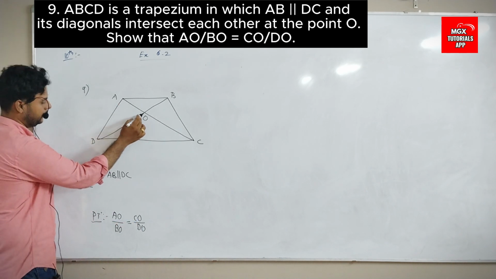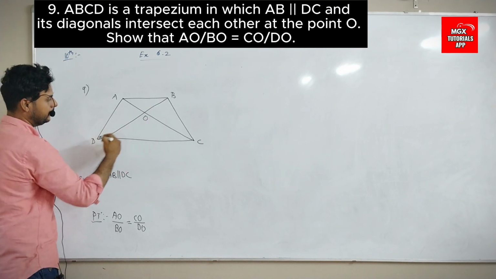I should prove that AO by BO is equal to CO by DO.